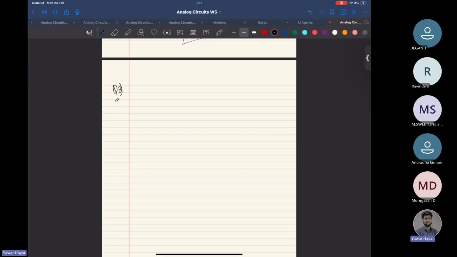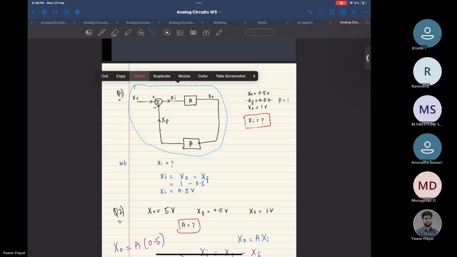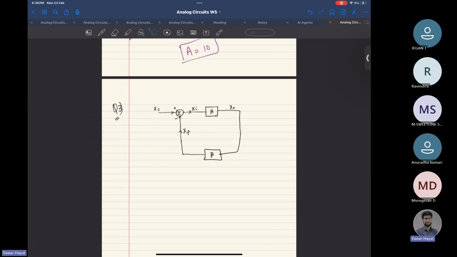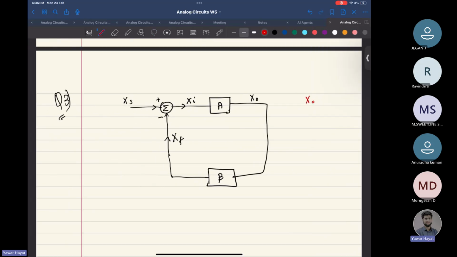What if I consider the same arrangement, and suppose I tell you that your X naught is 5 volt, your XF is 0.5 volt, right? Your XS is 1 volt. Can you find beta? If so, then what is the value of the beta?